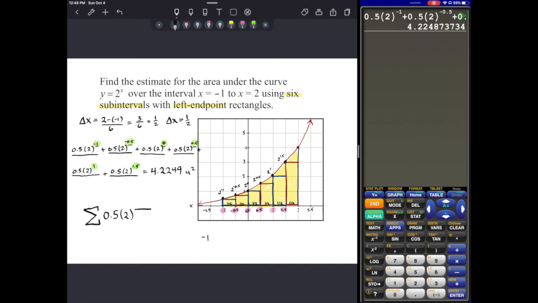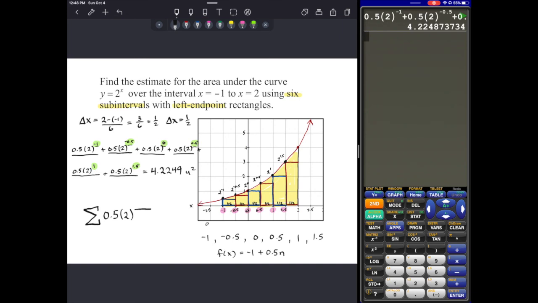Write it as a sequence: negative 1, negative 0.5, 0, 0.5, 1, 1.5. If I asked you to write out the function rule, you could probably tell me that starting with our 0th term, it'd be negative 1 plus 0.5 times n, right? Because we're going to add 0.5 n number of times.